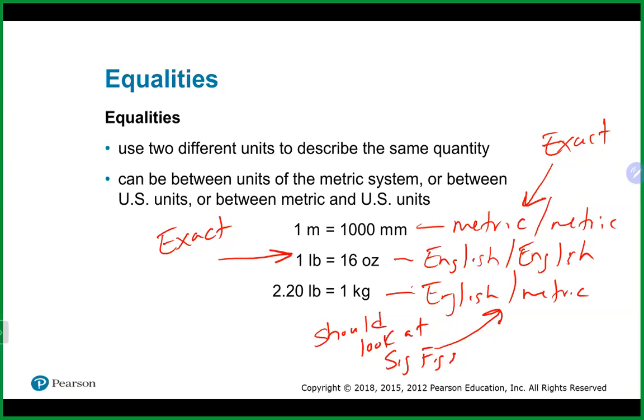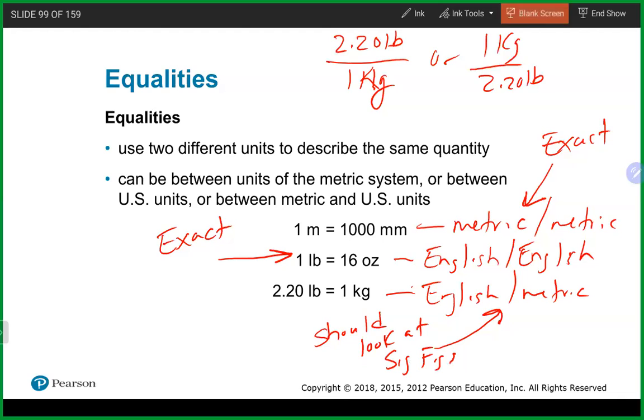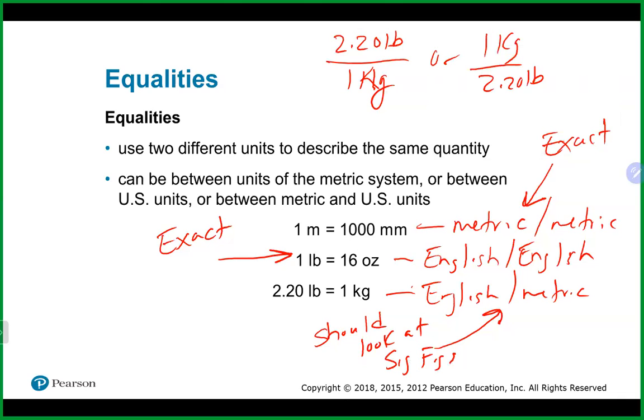So for example, if we looked at this one, that is 2.20 pounds is 1 kilogram. If I could write kilogram, that's like a K, I think, yeah. Or 1 kilogram is 2.2 pounds. So because this really is a crossover between English to metric, we should really look at the significant figures.